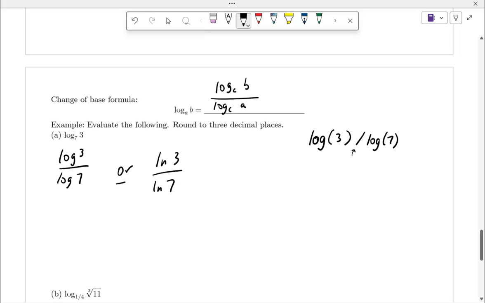Did anybody do that approximation? So what others got? What did you get for your next decimal place after? Yep, you're good. Yep, you're right. And if you used LOG or if you used LN, you should have got the same answer.